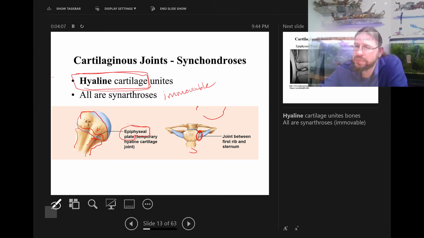Otherwise, it's mostly the same concept, an immovable, sealed bone-to-bone joint. So there you go. The epiphyseal plate is like your gold star example of one of these joints, really.